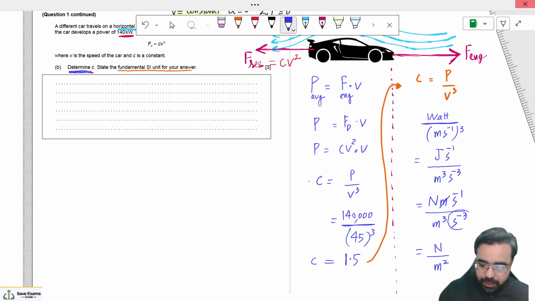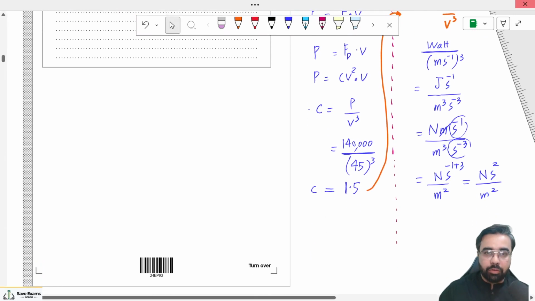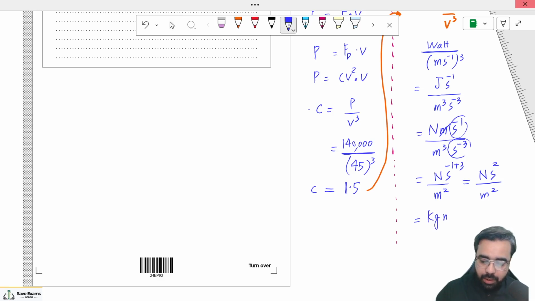When you combine the seconds, it will be -1 plus 3, so newton second squared over meter squared. Now newton is a unit of force, equal to mass times acceleration. So newton is equal to kilogram meter second to the power -2, times second squared over meter squared. Dear students, this one is cancelled out, and finally what we got is this.